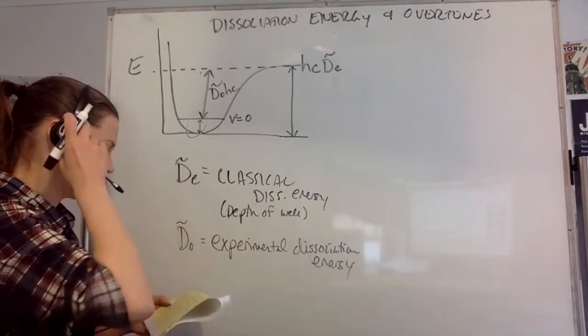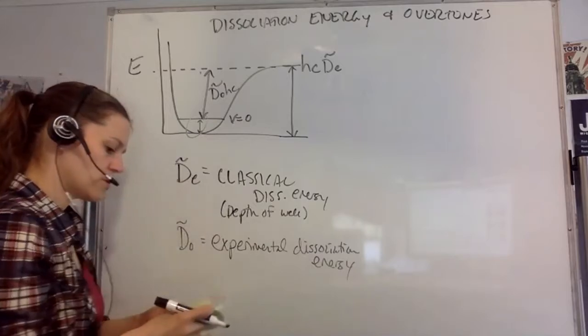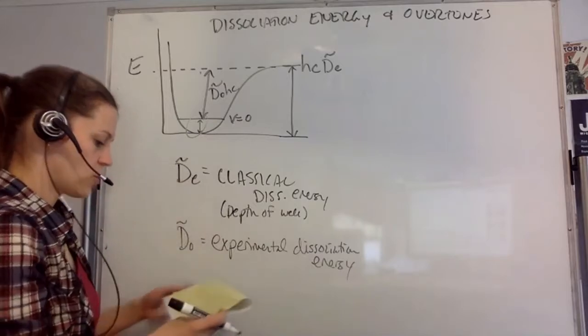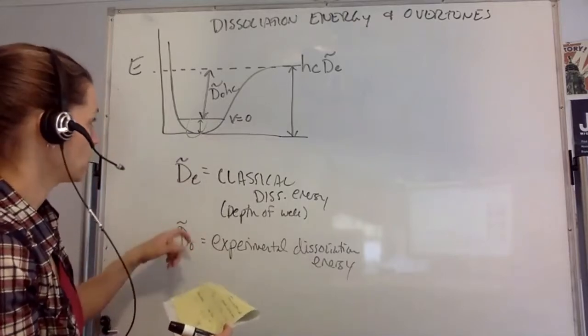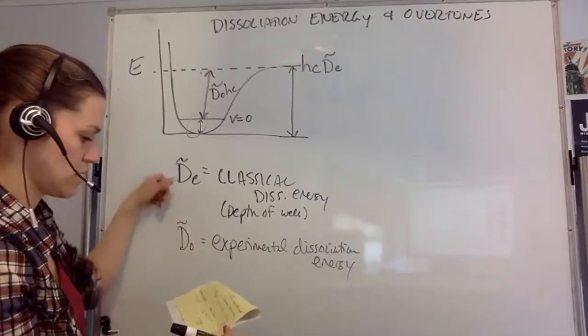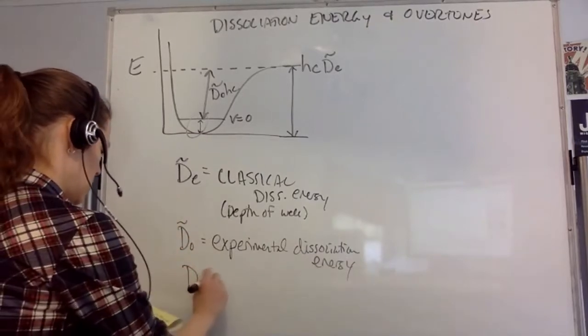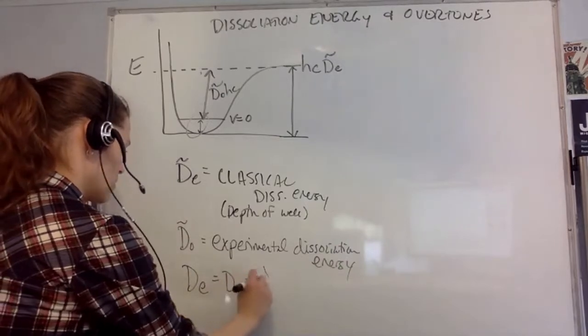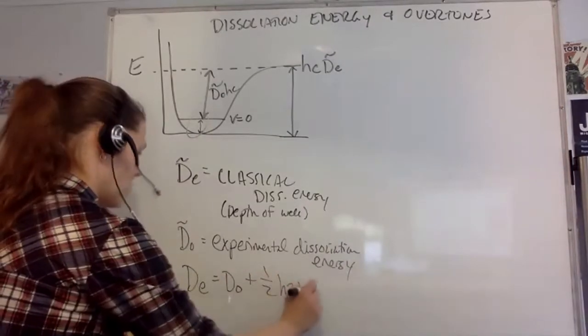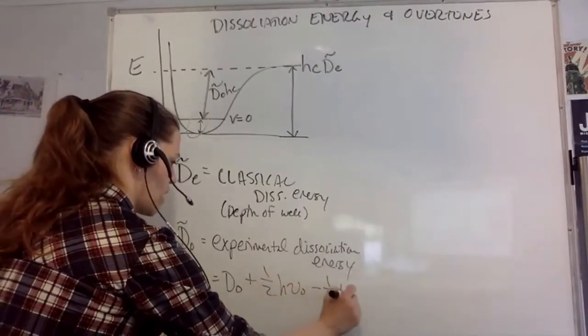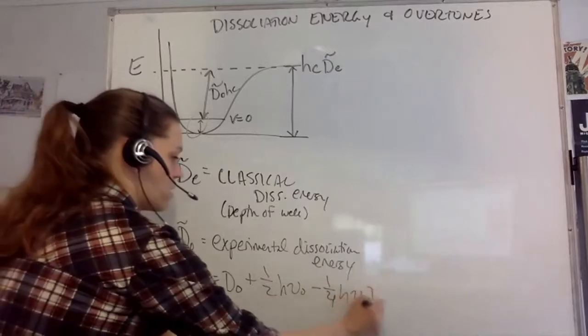Okay, so if you want to look closer at the relationship between D0 and DE, you can say that DE is equal to D0 plus 1/2 hν0 minus 1/4 hν0 xe.